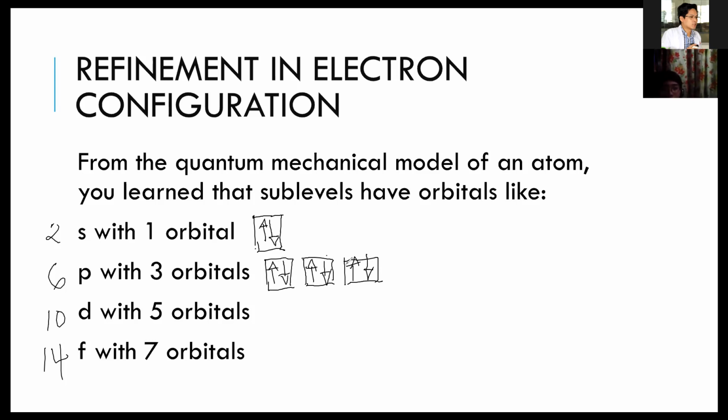If you look at the electrons there, 1, 2, 3, 4, 5, 6. So the P subshell has 3 orbitals with a maximum of 6 electrons. How about the D? The D orbital can contain a maximum of 10 electrons.